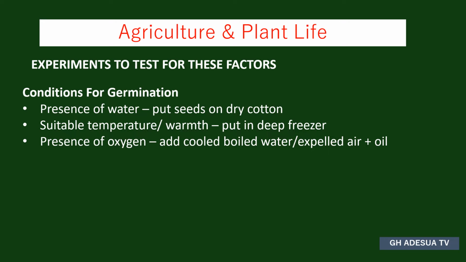So the first thing that we want to look at is the presence of water. Is water really important? So in such a setup, you'd find a suitable container, put dry cotton in it, and put a seed on it. Then give it suitable temperature and allow oxygen to pass over it.